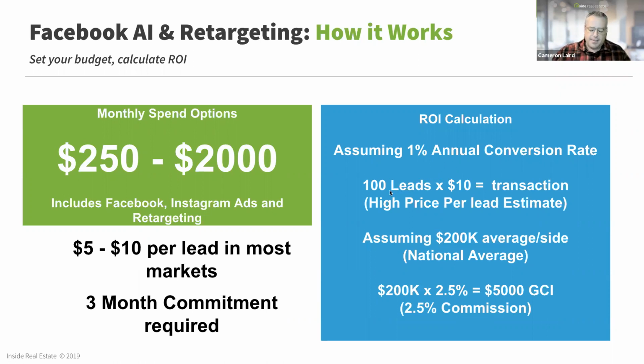So if you think about it, in this case, if we were to take this higher price point per lead at $10, multiply by that 100, it means it takes about $1,000 of investment in order to achieve a transaction. And that's using that higher price per lead estimate. If we assume about $200,000 average per side of the national average, that means that if I get a 2.5% commission out of that, I stand to earn about $5,000 from that $1,000 investment.